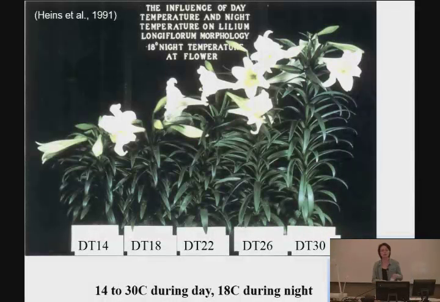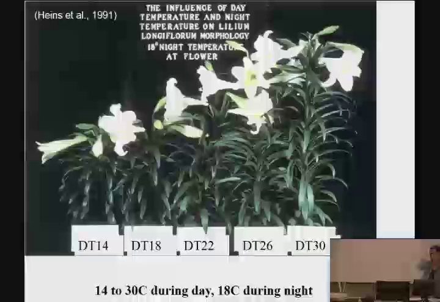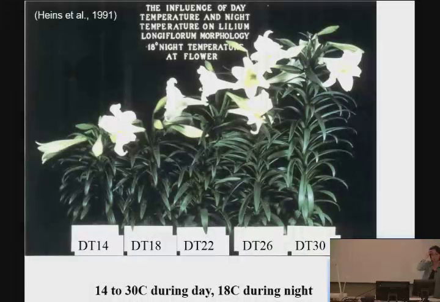How do you know that, or if you're designing an experiment, how do you separate the effects of average temperature and, for example, day temperature, if the daytime temperature is higher? You can't clearly separate.